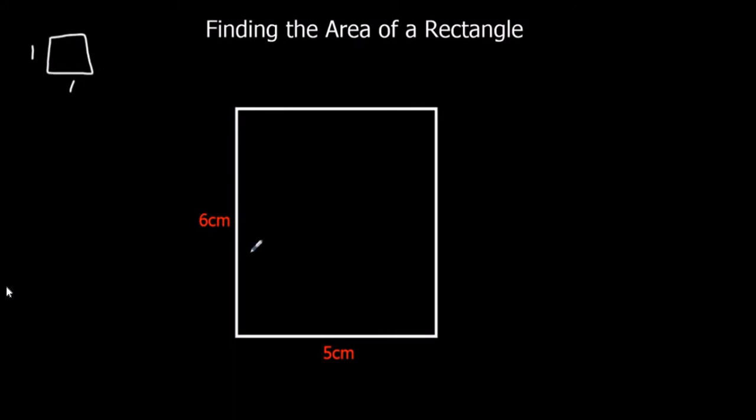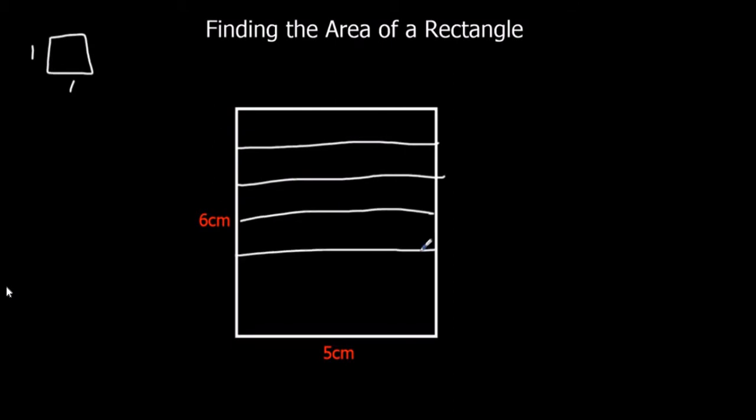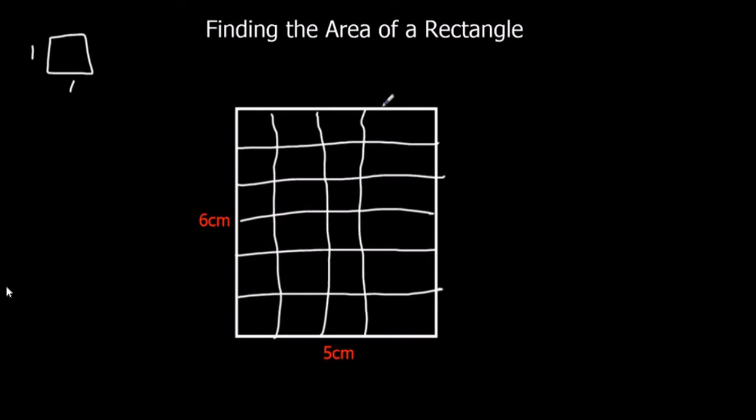We've got 6 going down here and 5 along here. If you can imagine the shape being in squares, you'll have 1, 2, 3, 4, 5, 6 centimeters on this side, and 1, 2, 3, 4, 5 centimeters along the bottom.